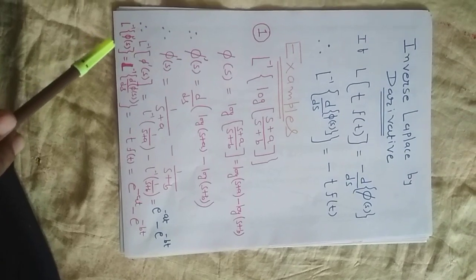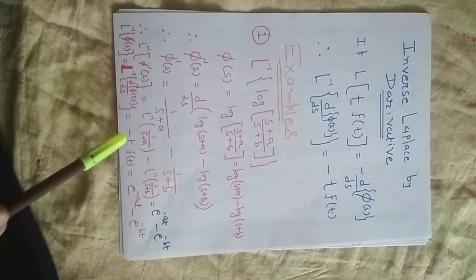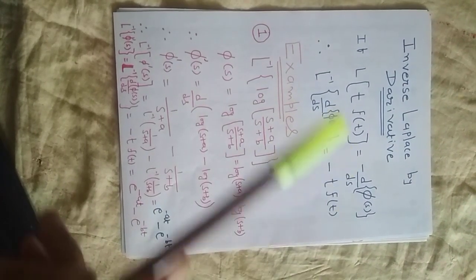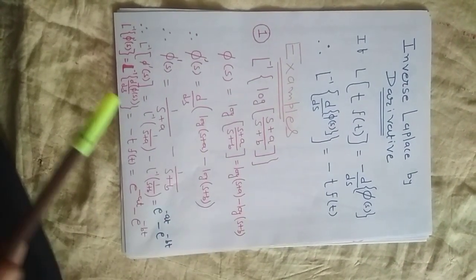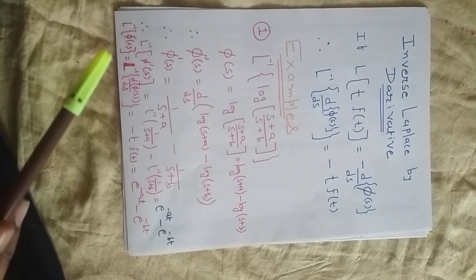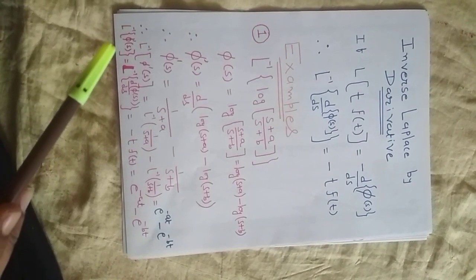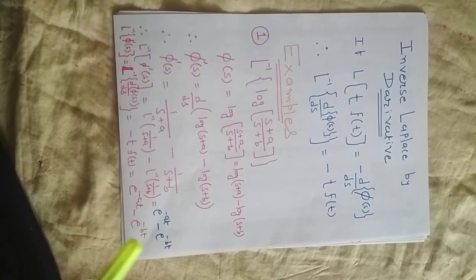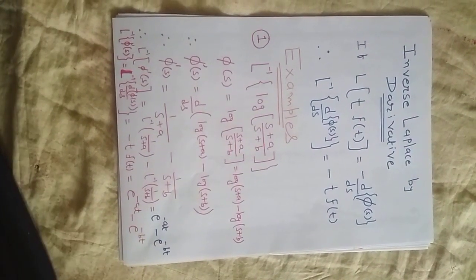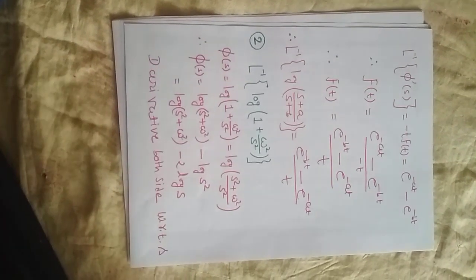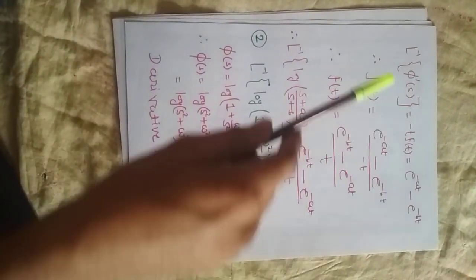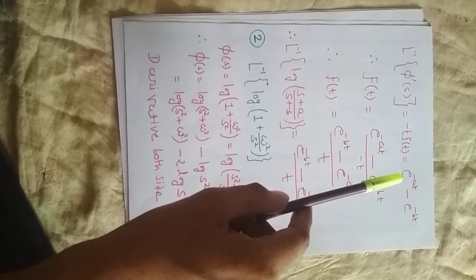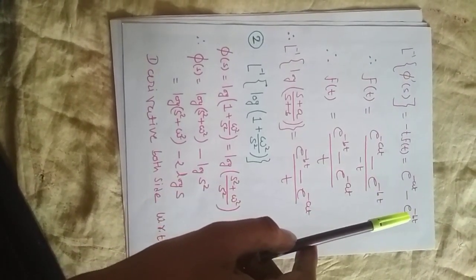Inverse Laplace of phi dash s equals minus t f(t), according to the formula. Therefore, minus t f(t) equals e raised to minus at minus e raised to minus bt.